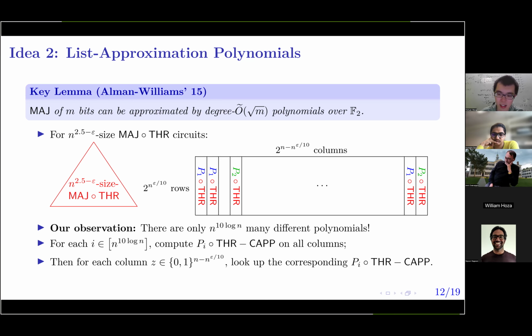Then in the second step of our algorithm, for each column, we look at which specific p_i it is, look up the very large truth table to find the cap of p_i of threshold for this column, and then we add them together and get the total cap result.